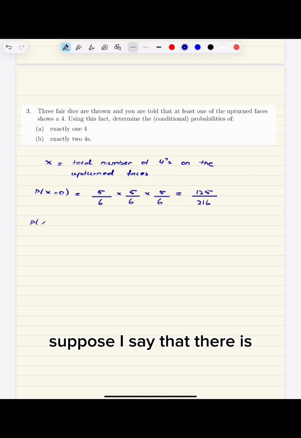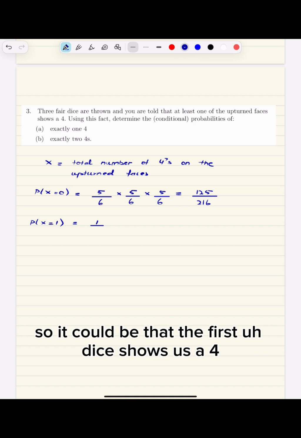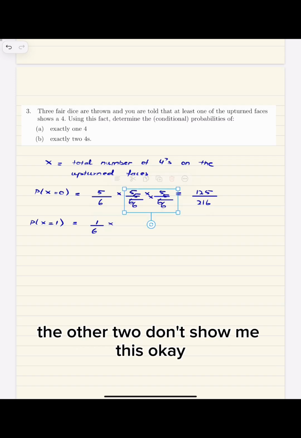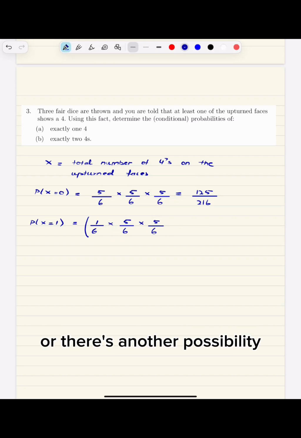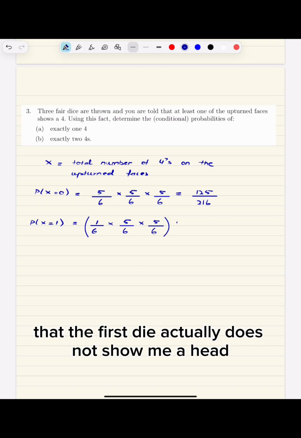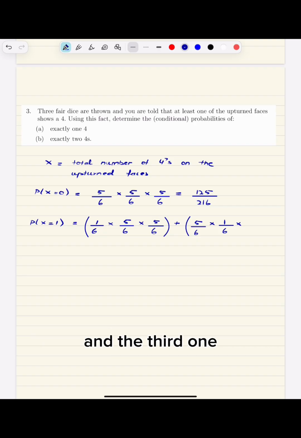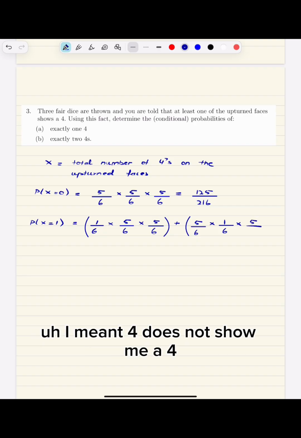Suppose I say that the total number of 4s is 1. So it could be that the first die shows us a 4, but the other 2 don't show me this. Or there's another possibility that the first die does not show me a 4, but the second one does, and the third one does not show me a 4.